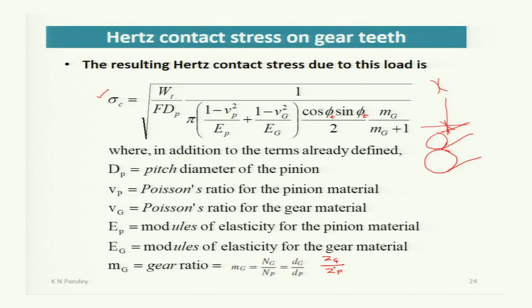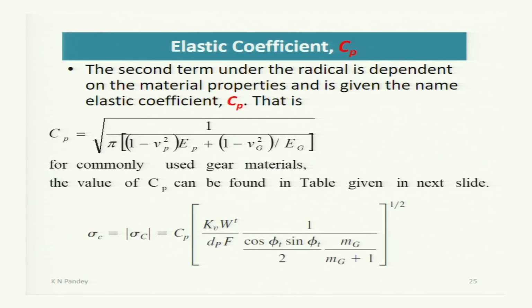Well, so this equation is converted into a smaller form by taking the square root of this term as Cp, the elastic coefficient, and this term as the geometry factor for pitting resistance, I. So those are given here.